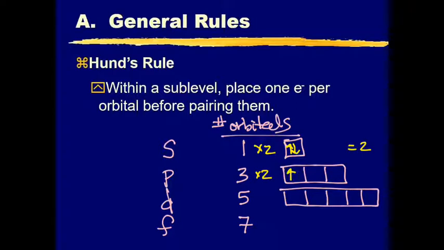Again, Hund's Rule says you have to spread them out first, and then if you need to, go back and double up. 5 times 2 is 10. We're going to start with up arrows for clockwise, down arrows for counterclockwise, and that's pretty much as specific as we're going to get about that.